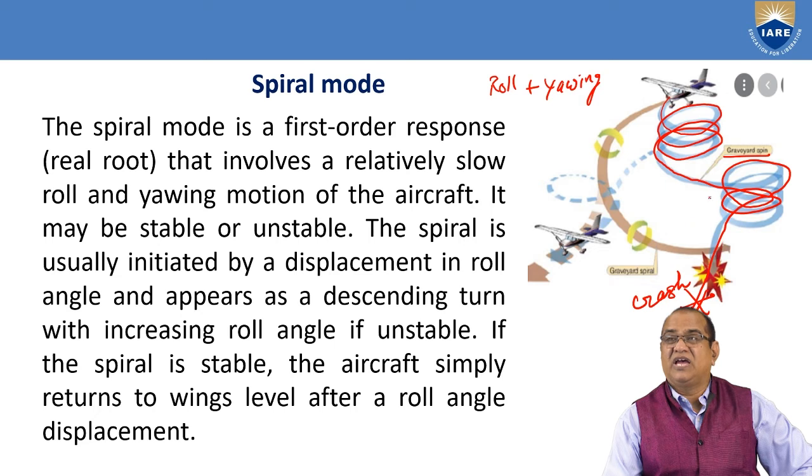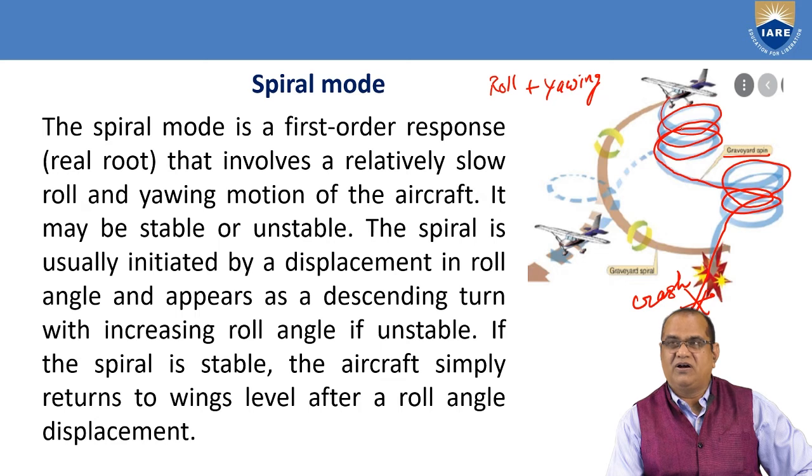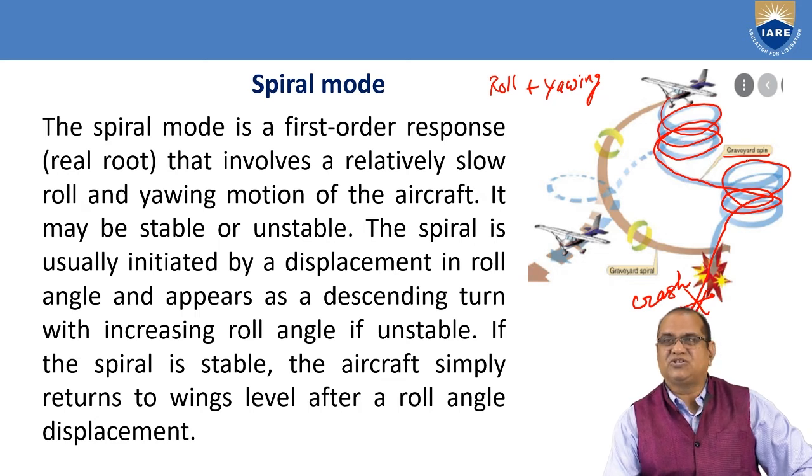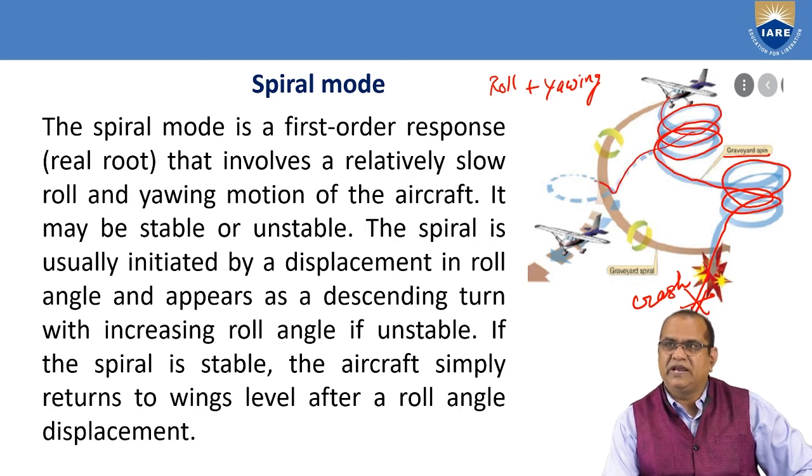If you make a very huge turn and roll, a high angle of roll and high angle of yaw, and if the pilot is able to control here, it has to come here, and again it has to land like this.